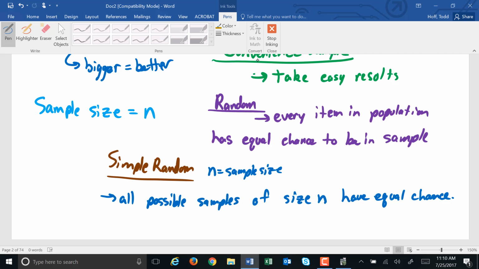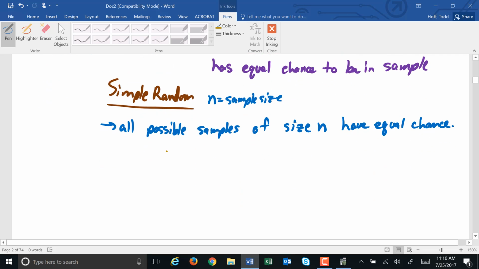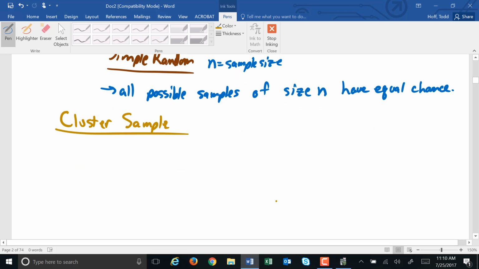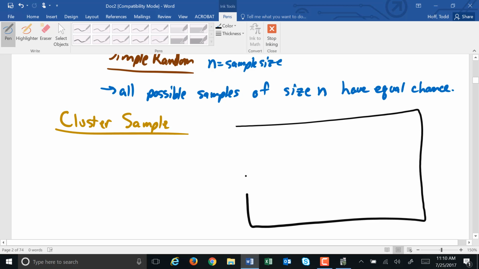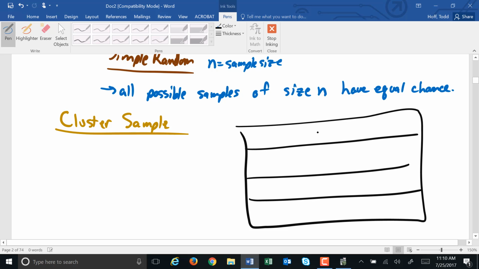But in real life, that simple random sample doesn't always work. A form of random sample is a cluster sample. If I am going to go door to door and ask this survey, let's say here's my city. This is going to be a small city.